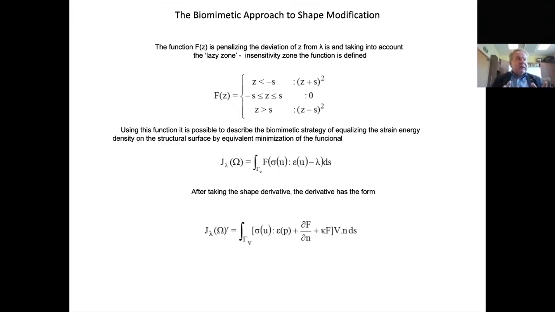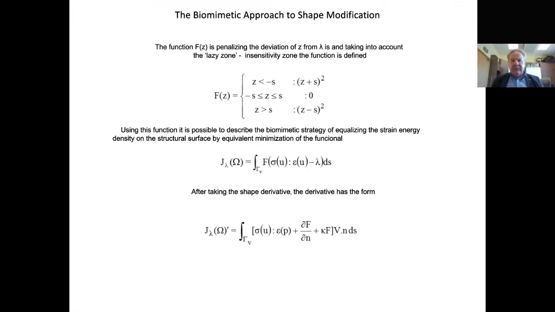This biomimetics means there is the one value of strain energy density on the structural surface, and if you obtain such a surface structure, the structure will be optimized, and then the stiffness of the whole structure will be minimized.